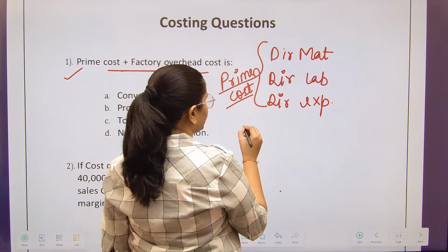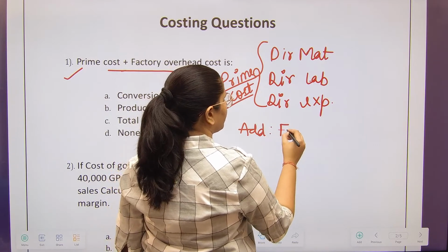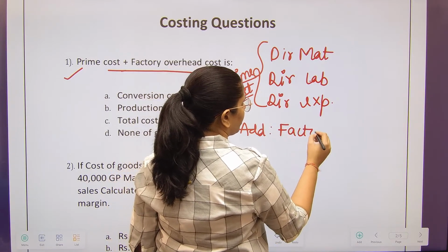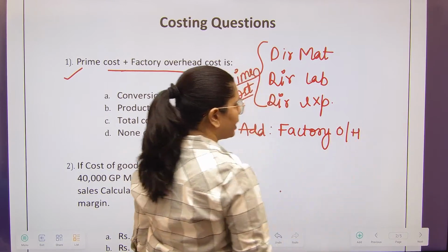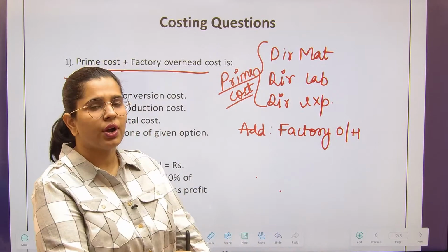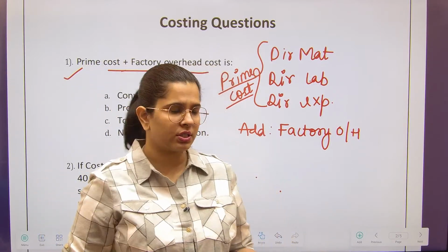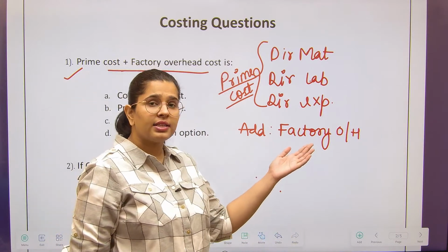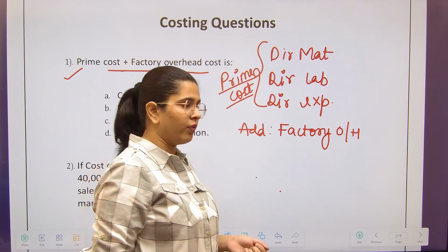Now, after this, you add your factory overheads, right? All those expenses which are not direct in nature related to the production of your goods or services, and which are incurred in your factory premises, are your factory overheads.